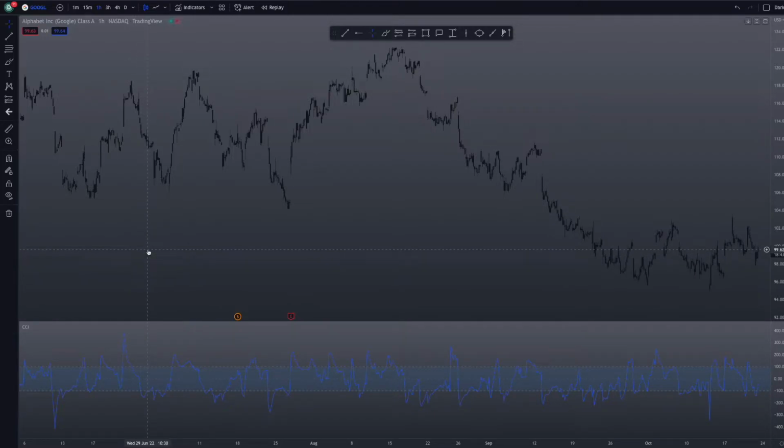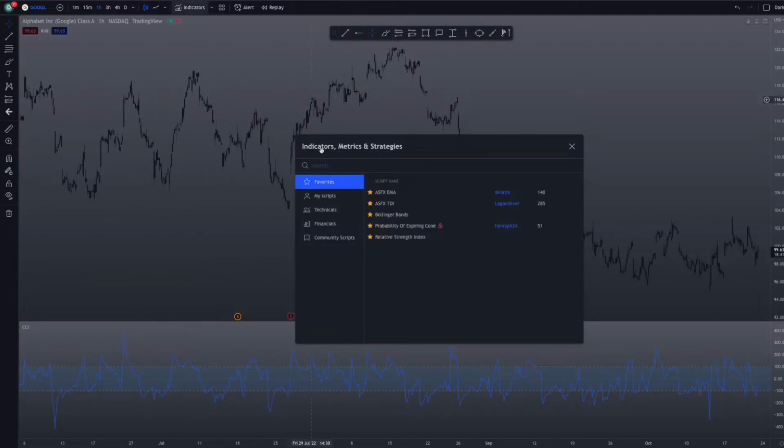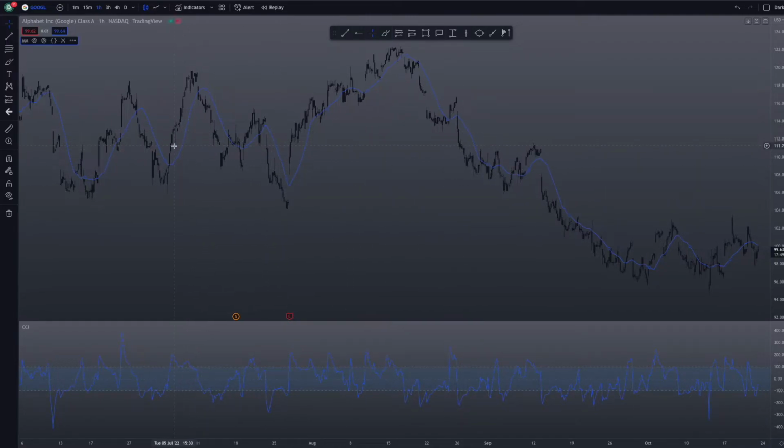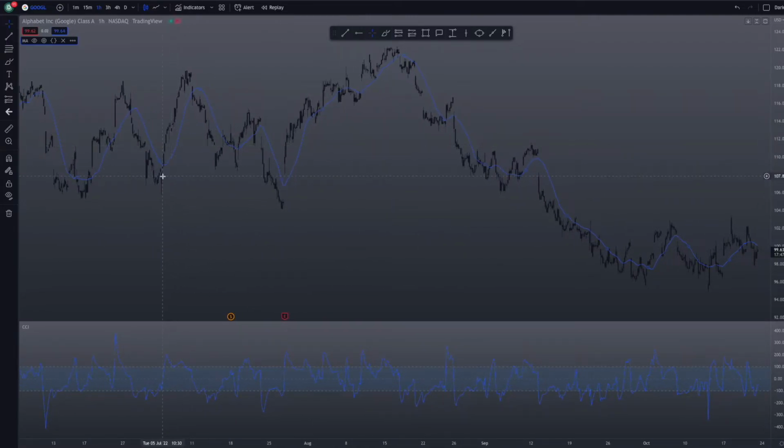So if I just add a moving average here, alright, you can see that we now have our moving average on the screen. I've added a 20 period moving average, and you can see that when price crosses from below the 20 period moving average to above it, price goes from below 0 to above 0.